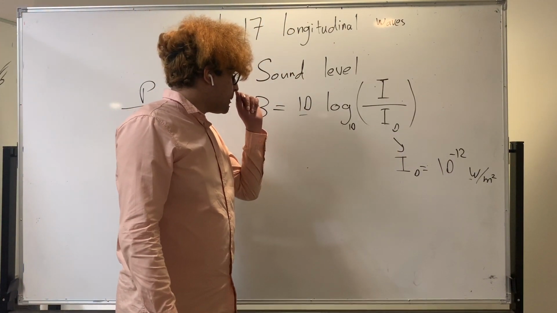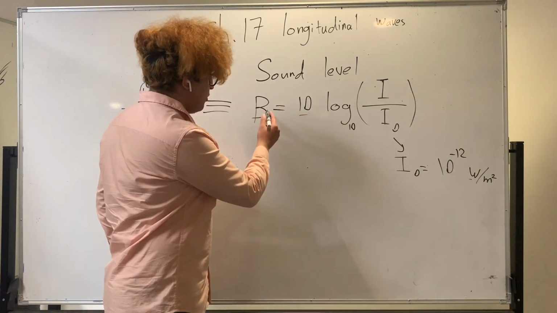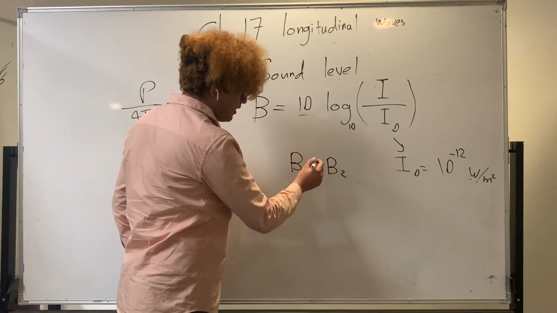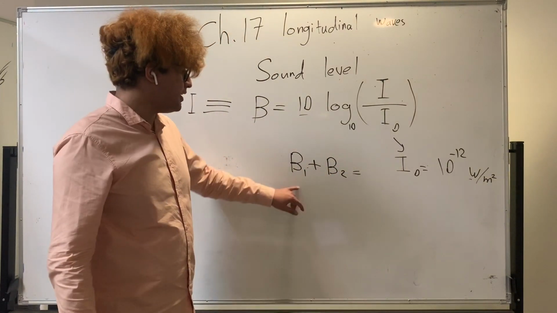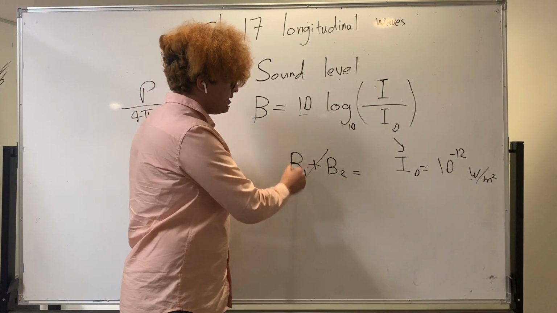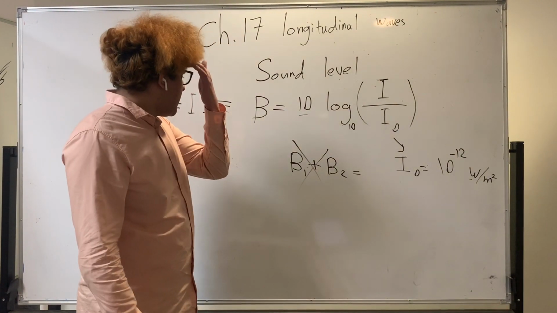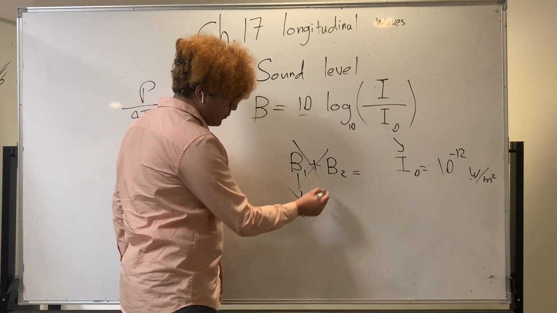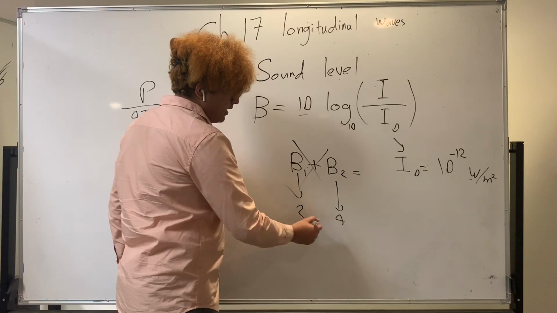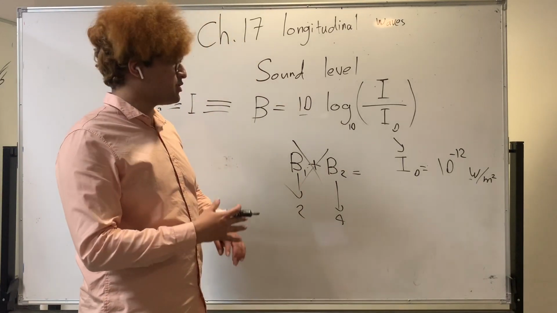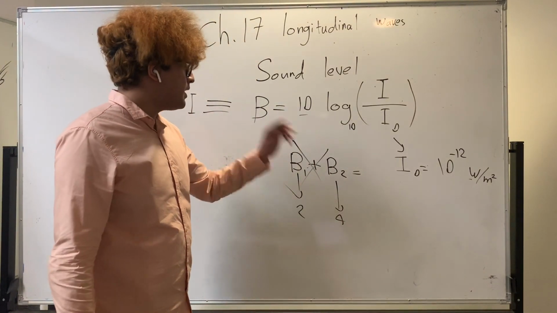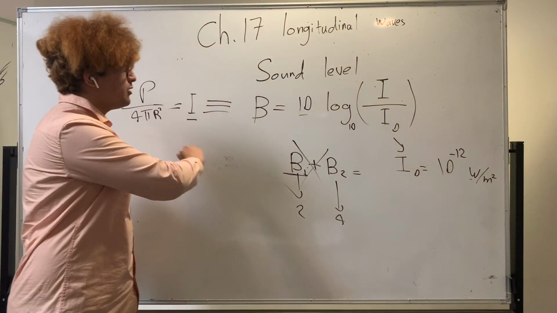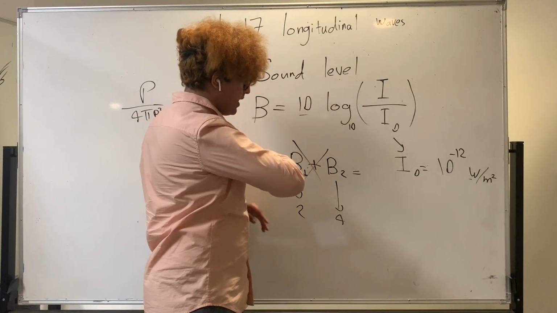And there is a very important note here. Sound level 1 and sound level 2 cannot be added linearly, so to speak. This is a false operation. If an example tells you that we have a sound level of 2 and a sound level of 4, and the question asks you to add them, then you have to convert the sound levels into intensity through this whole equation.